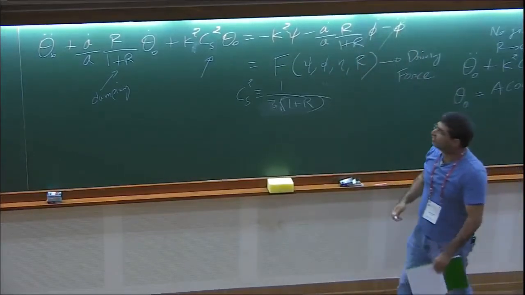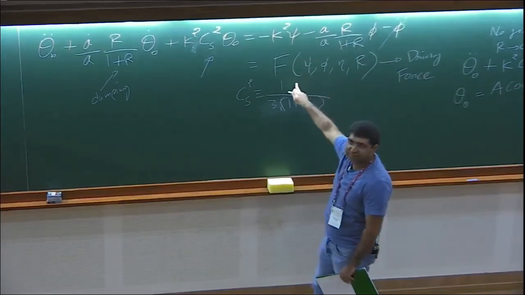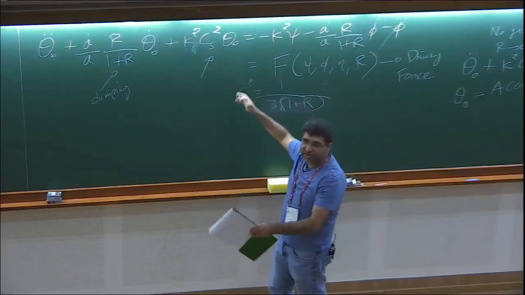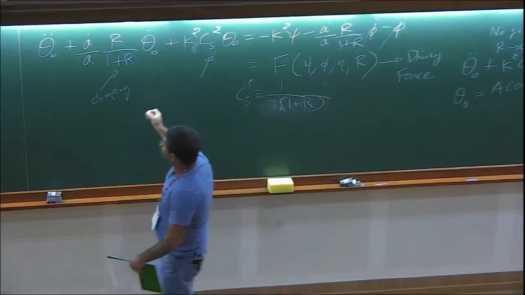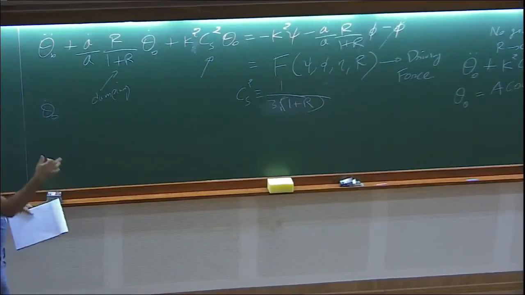Just to simplify the equations. And psi is a constant, which means that you have a constant driving term. You have a constant force for each k mode that is acting on the oscillator. So we can solve these equations without the damping term, but now we include the source term.